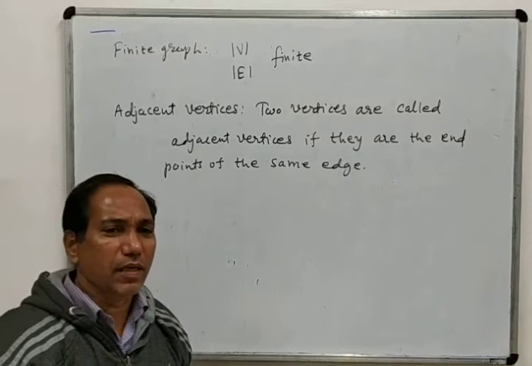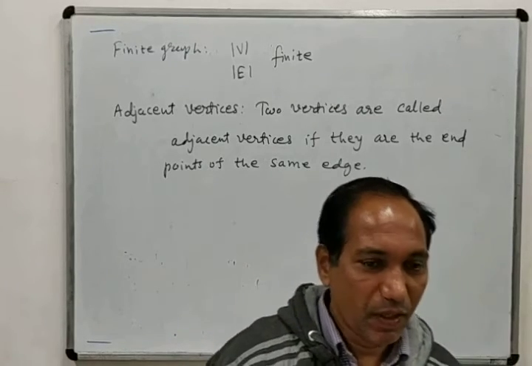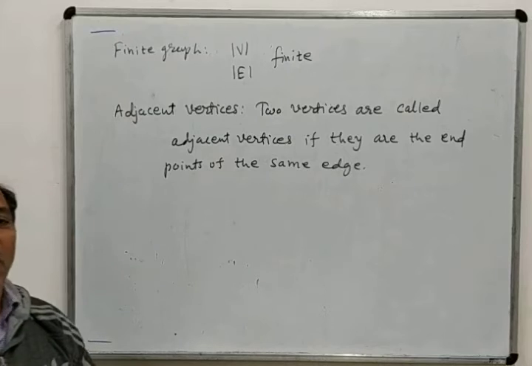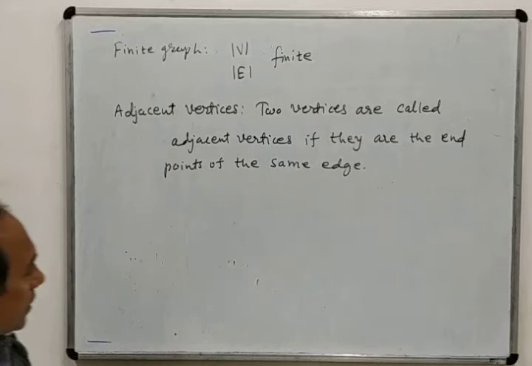Or in other words, two vertices are called adjacent vertices if they are the endpoints of the same edge. We can also say that the end vertices, or the terminal vertices, of an edge are called adjacent vertices.